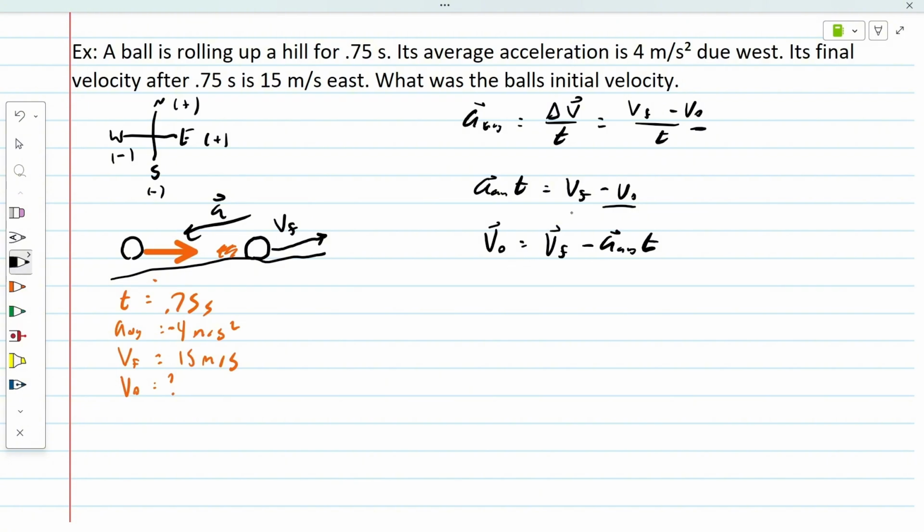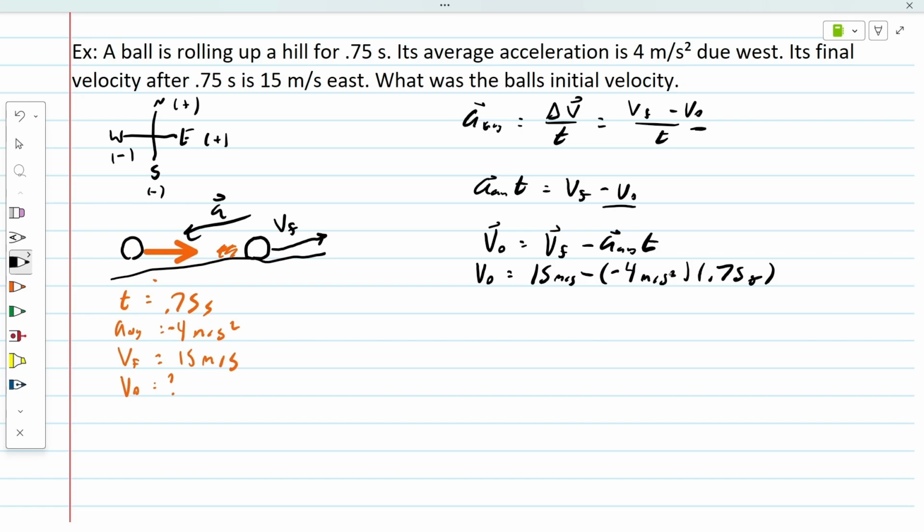So now that we've got this in this format, we can plug in the numbers. We want to solve for v initial. We know the final velocity is 15 meters per second, minus the acceleration, which is in the negative direction because we're calling west negative, so negative 4 meters per second squared, and the time is 0.75 seconds.